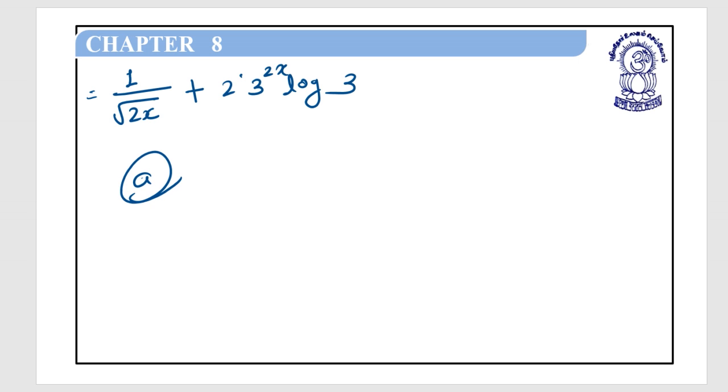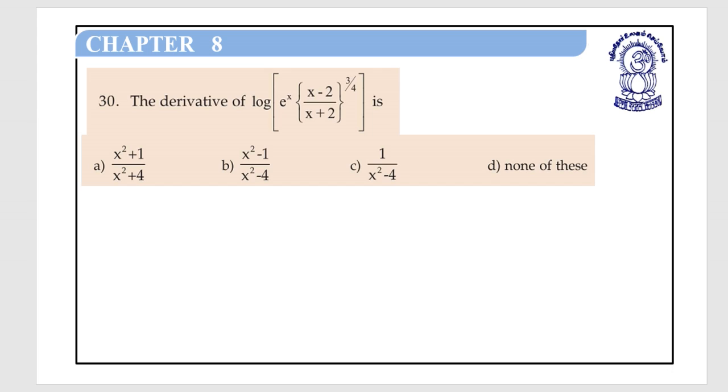Now question number 30. The derivative of log of e raised to x into x minus 2 upon x plus 2 raised to 3 by 4 is, here first you have to simplify the formula.